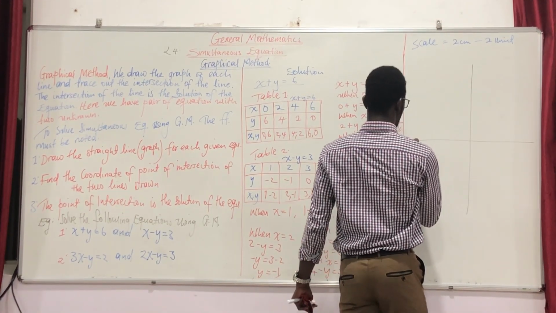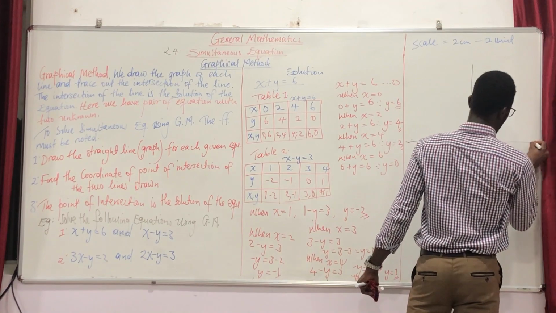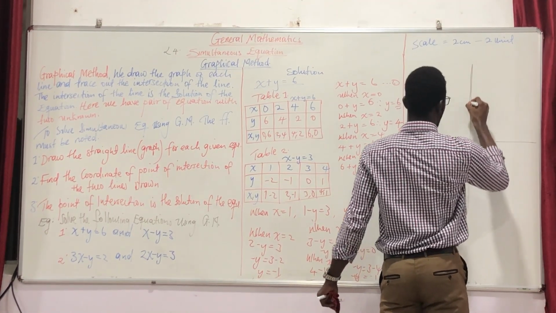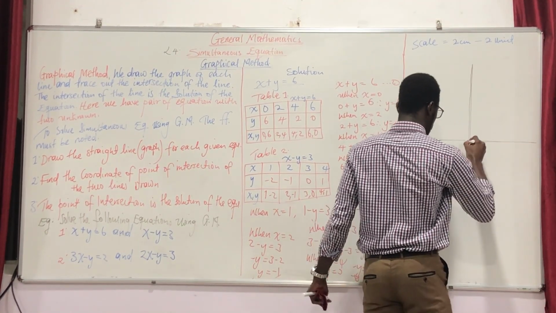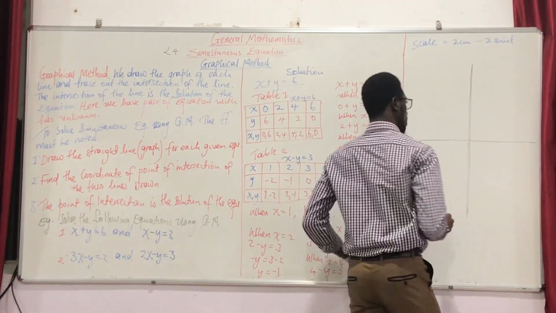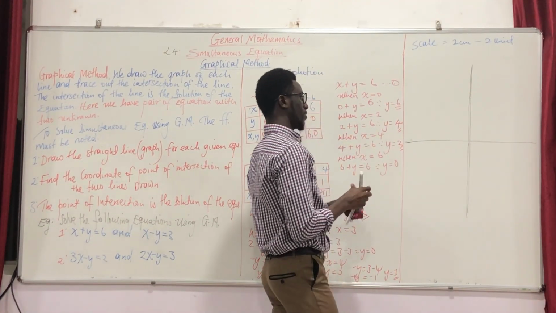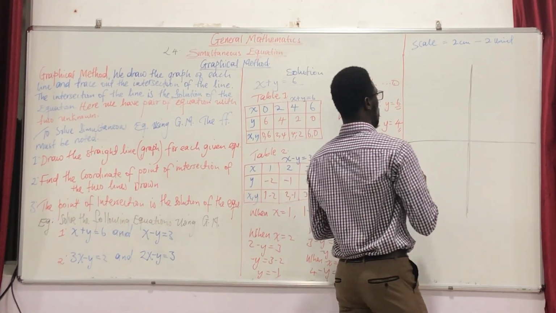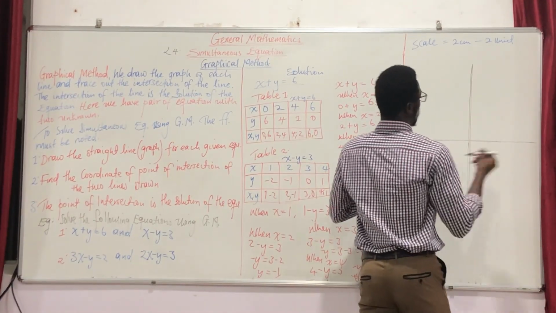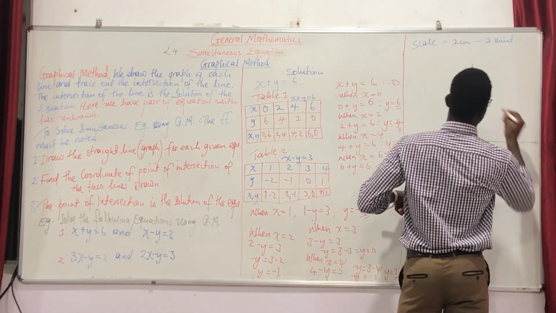So let's say this is our x and y axis. As we said, we use 2 centimeters to 2 units because of space here.